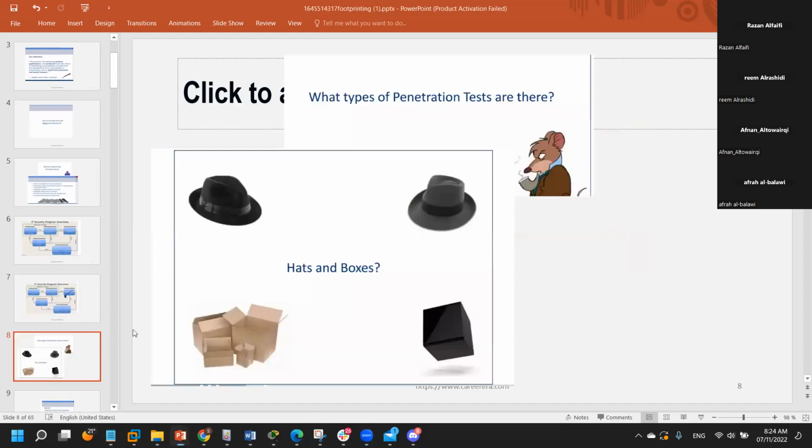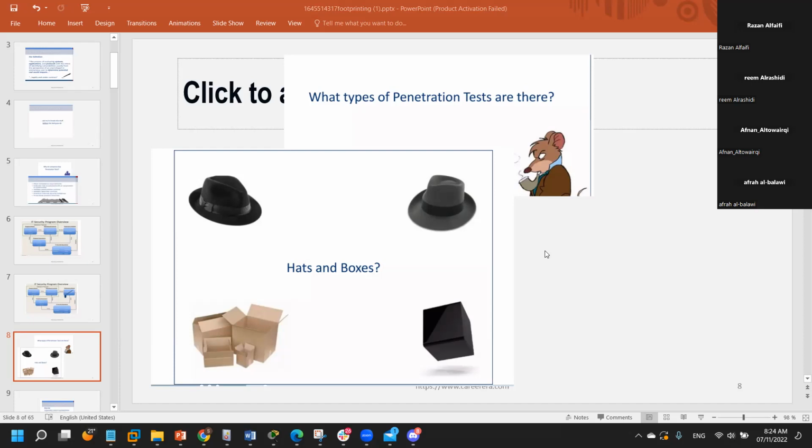This is something we have already covered maybe in Security Plus, but it's good to remind you there are so many types of hats and boxes in penetration testing. The hats refer to the person who is doing the penetration testing, and the others are the types of penetration testing techniques.